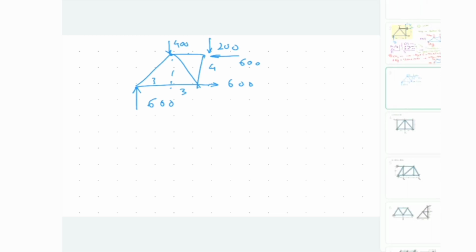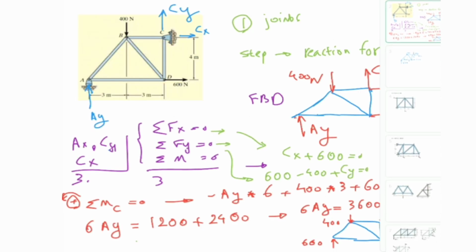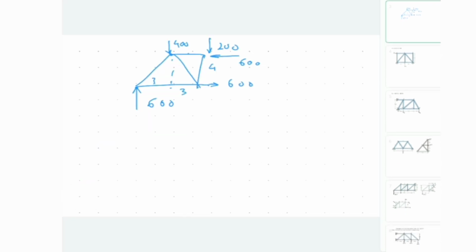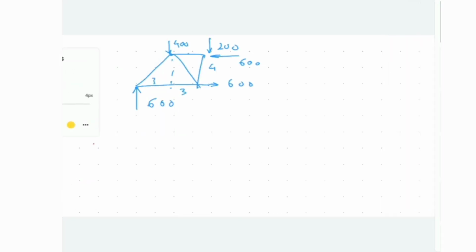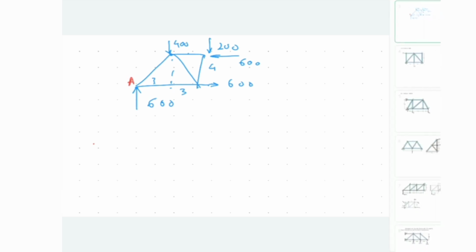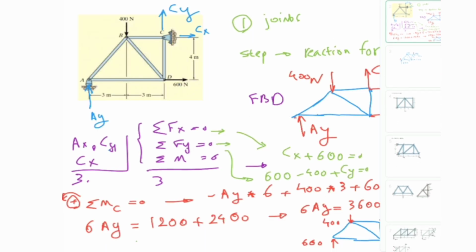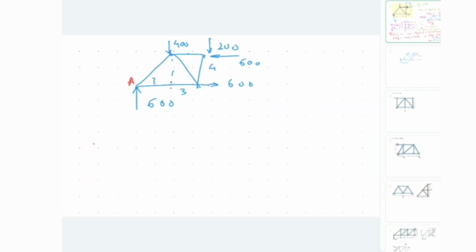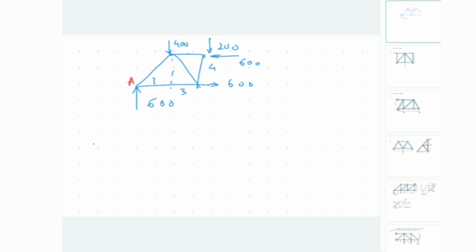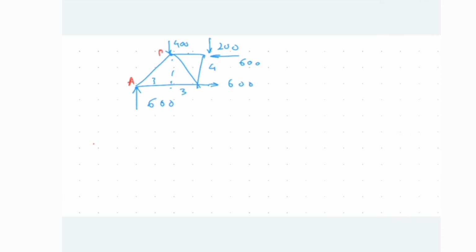And the names of the joints are A, B, C, and D. And the lengths are 3, 3, and 4.